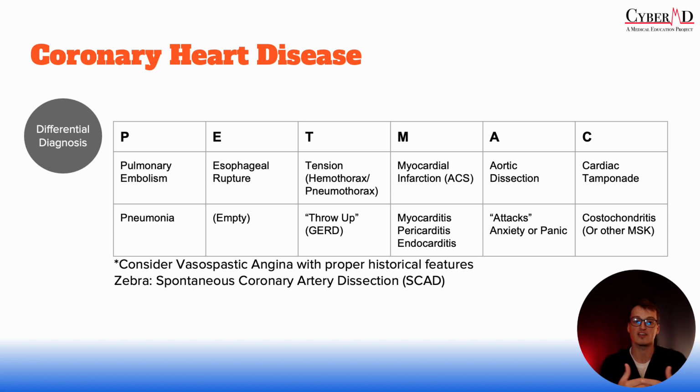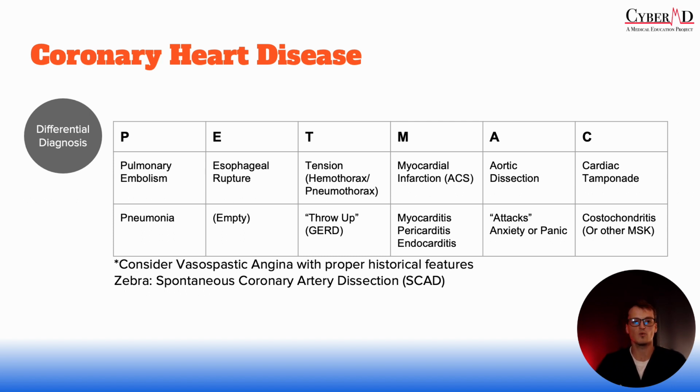Maybe they have rib fractures from a trauma, and that's the etiology of their chest pain. So these are all things to consider. And then also consider vasospastic angina if the historical information fits that clinical picture, and as long as that patient has other things that make you less suspicious for any of these acute coronary syndrome processes or any of these other causes of chest pain.